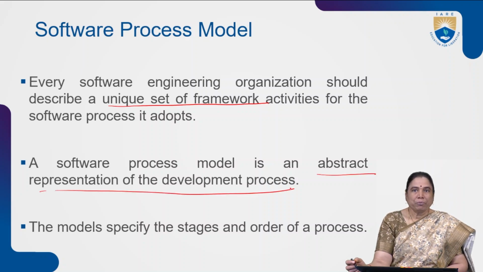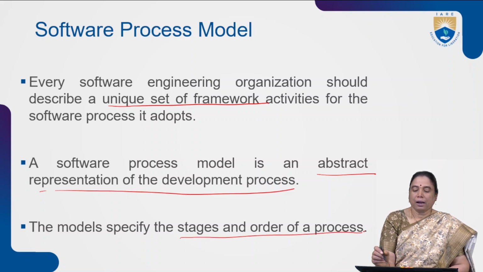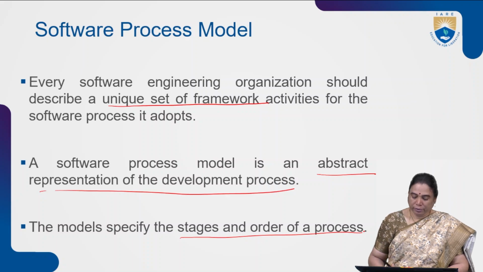So the framework must describe the abstract view of what activities must be carried out for the construction of the software, without giving the in-depth details of how they are to be implemented. The model specifies the stages and order of a process.